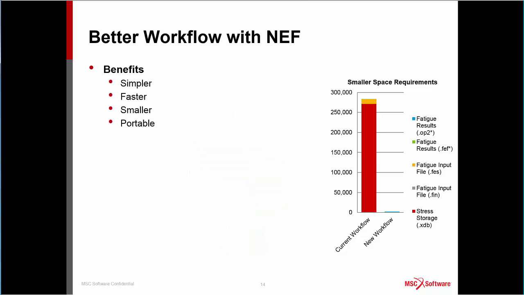So it's a lot simpler to do, which is great for your process. It's faster, smaller. It's also portable too. And once you have everything built, because it's a post-process, you have the data structure in there to launch fatigue. You can run it over and over again, and you don't have to touch it.